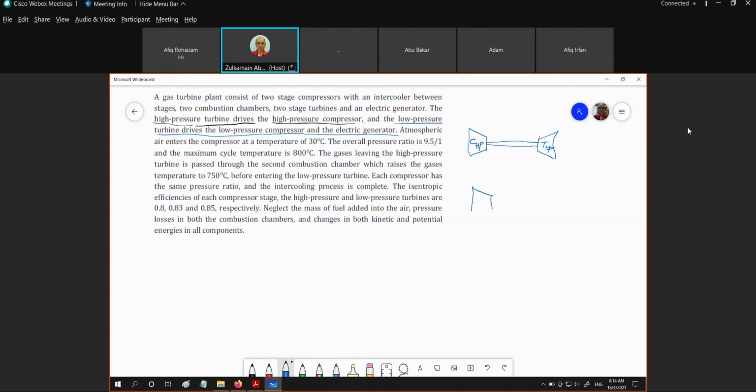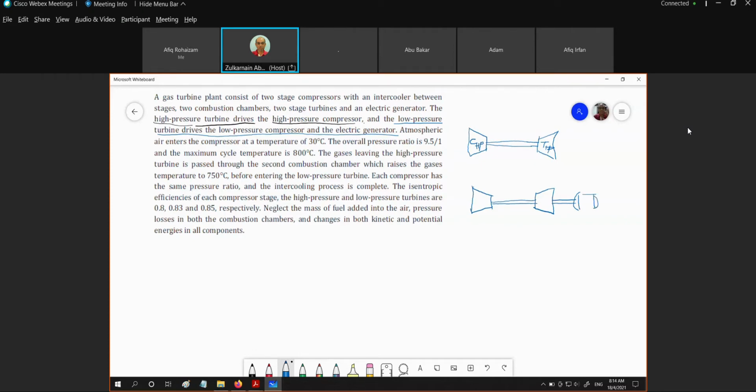One is the low pressure turbine. The low pressure compressor is run by the low pressure turbine, and the low pressure turbine is also driving an electric generator.